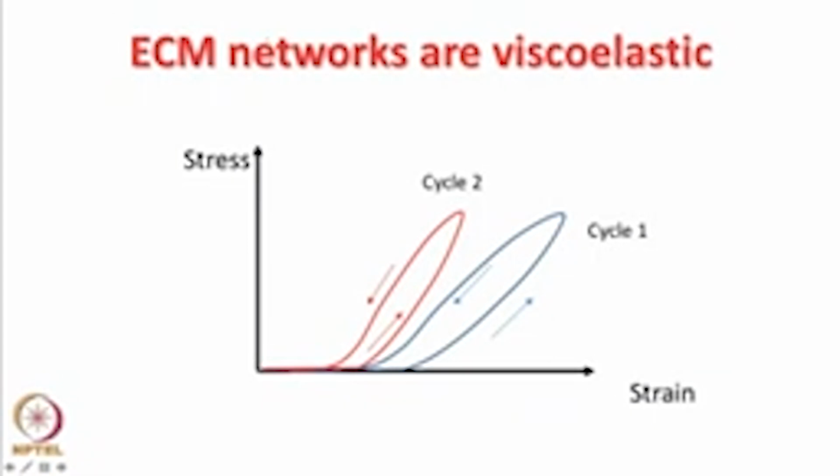So, you are imposing the strain up to a certain point, letting it relax to its original configuration, and again stretching it and letting it go. So, what you have are these cycles.